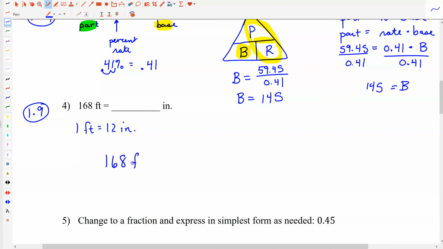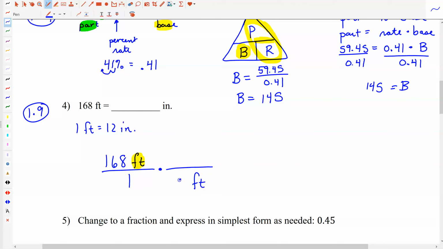So 168 feet, the information that I'm given, I'm going to put over 1, just so I can see it's in the numerator, and I'm going to multiply this by another fraction. The units I'm trying to cancel, which is feet, will go on the diagonal of where it currently is. And then I'm going to ask myself, is there a relationship between feet, which is what I'm in, and inches, which is what I want to go to? And yes, there is.